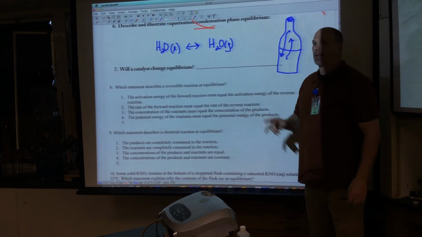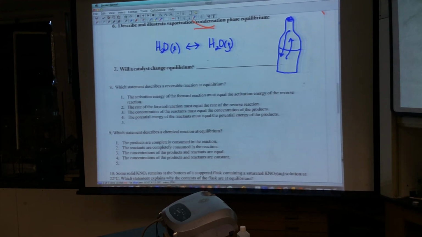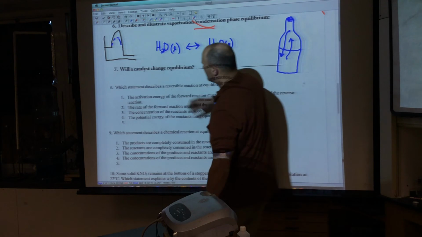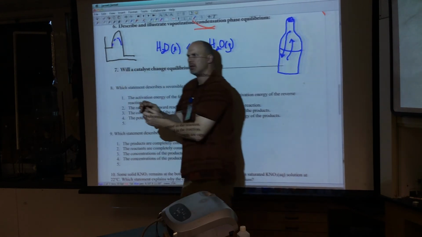Now, last question, and all of these are the most important you have to know. Will a catalyst change equilibrium? Well, let's think about this for a second. Here's my phase diagram. Here's my potential energy curve. What does a catalyst do? Lowers the activation energy, right? So if I add a catalyst, doesn't it lower the hump the same for both sides?